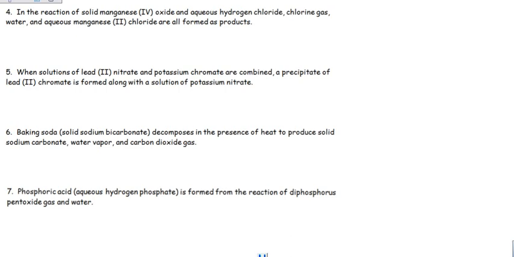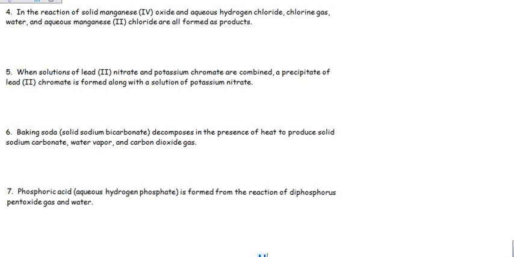Now, I don't love number 4, like the way that it's worded I think is kind of confusing. In the reaction of solid manganese 4 oxide and aqueous hydrogen chloride, then I almost wish it was like chlorine gas, water, and aqueous manganese 2 chloride are all formed as products. Okay.